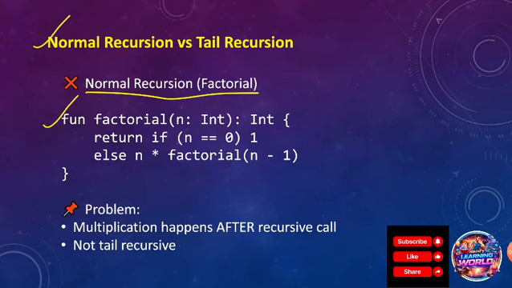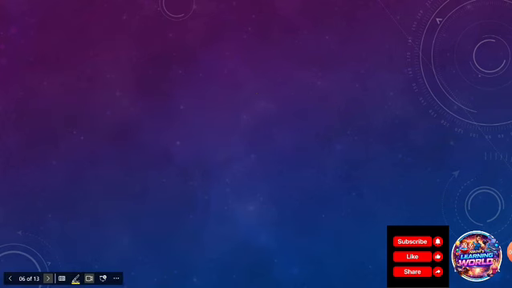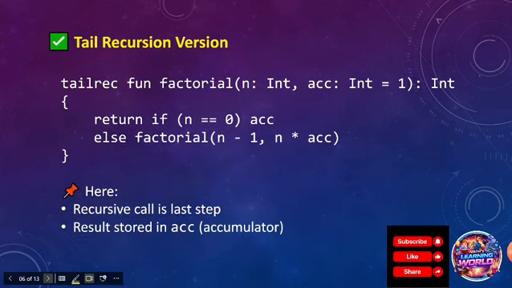So, normal recursion versus tail recursion. In normal recursion, you can see here the factorial function. The problem is that the multiplication happens after the recursion call, so it is not tail recursive. You got the point?